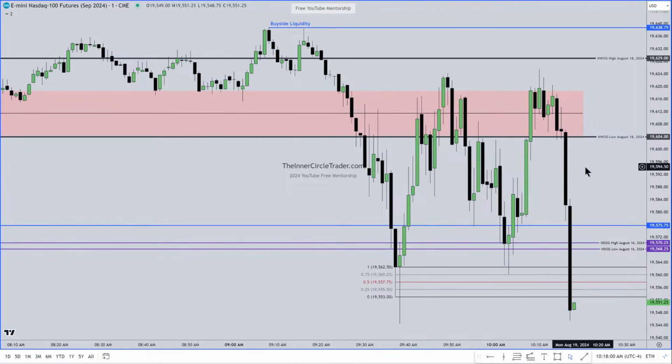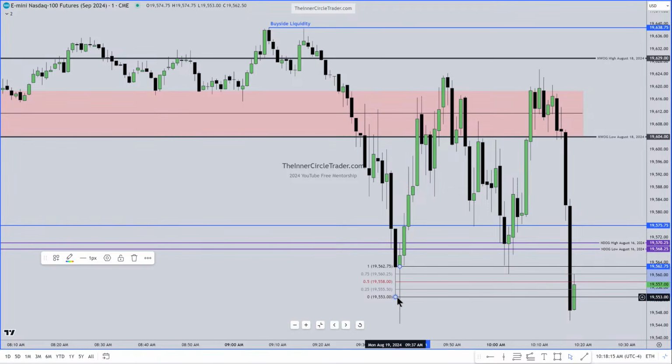And what are we doing? We're re-delivering all of this run from here to here. We're overlapping it. Now watch the wick. This one here, we just touched it there. And the larger one. Right there.